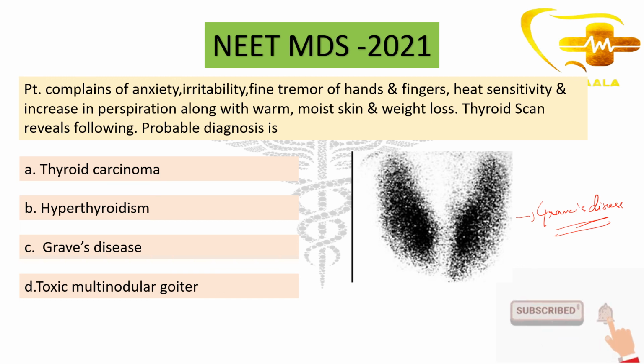We don't have much diagnostic features specific to Graves' disease here, because anxiety, irritability, fine tremors, heat sensitivity, and weight loss are also seen in other thyroid disease. So they are not of much value to answer this question, but this image alone will help in arriving at the correct answer. So the correct answer will be Graves' disease.